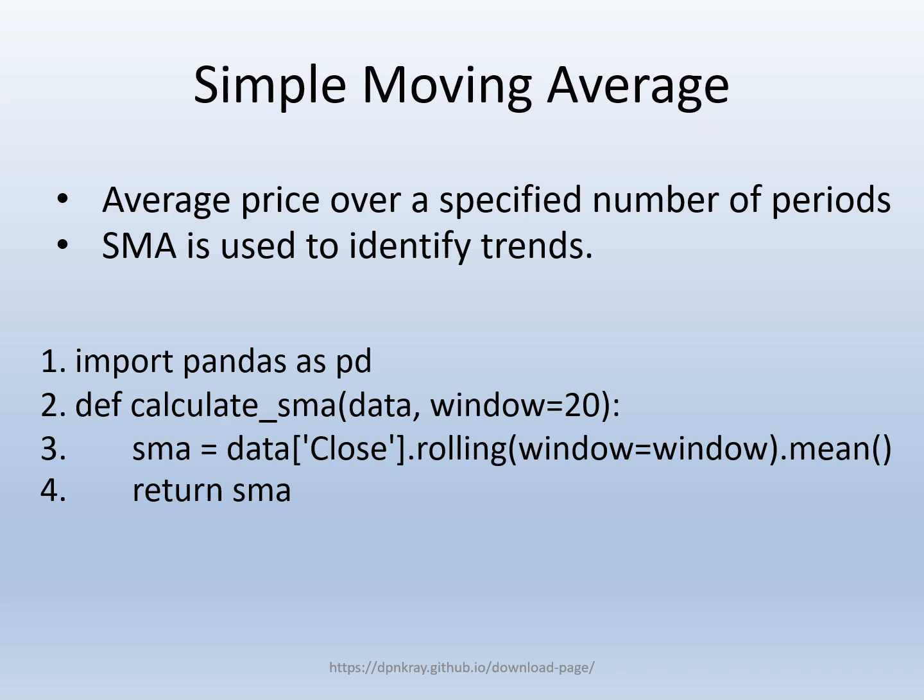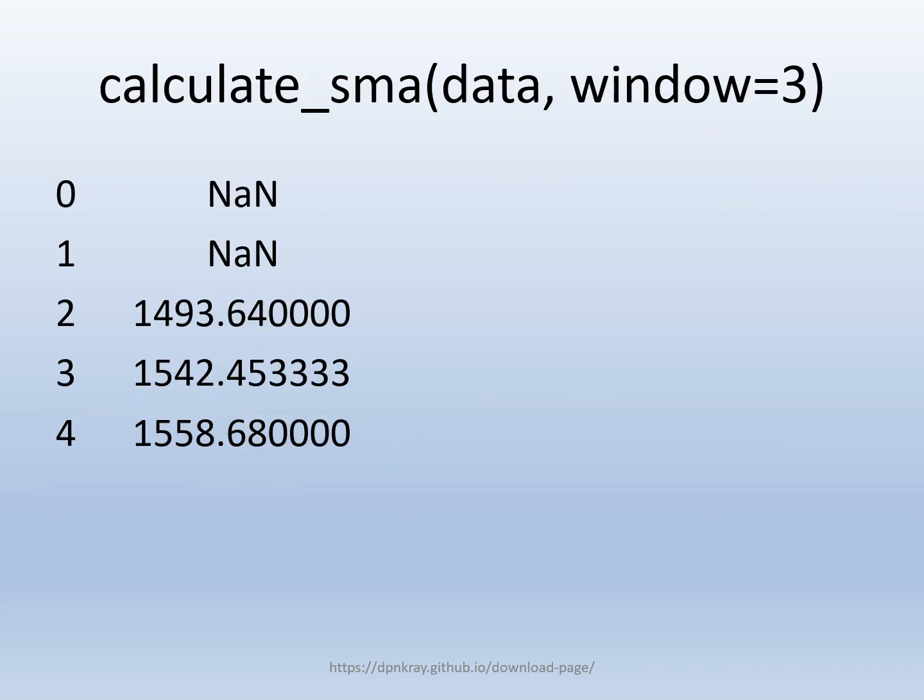So it will always take the mean of the last 20 closing values. For example, if window size is 3, then it will print NA twice, then on the third line it will print the average of 1, 2 and 3, and so on.